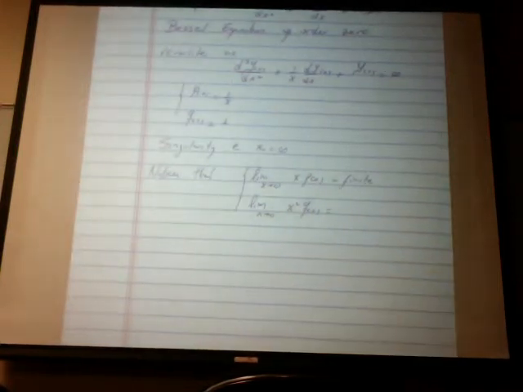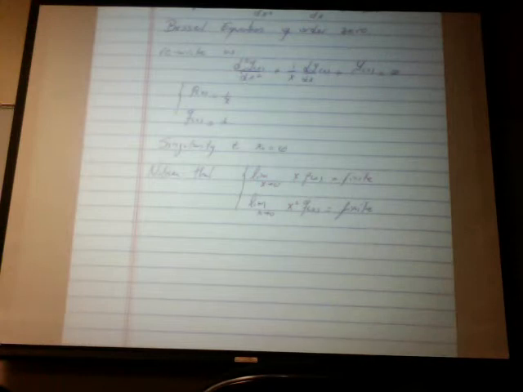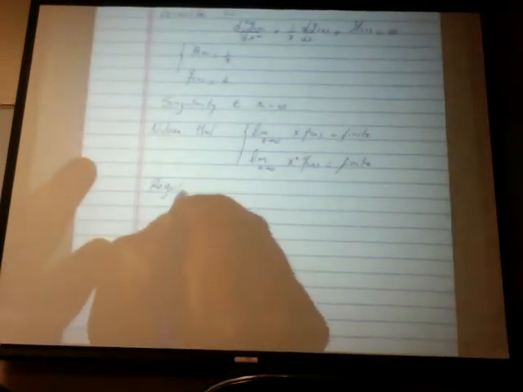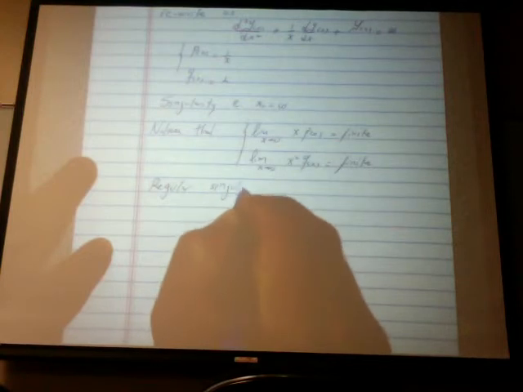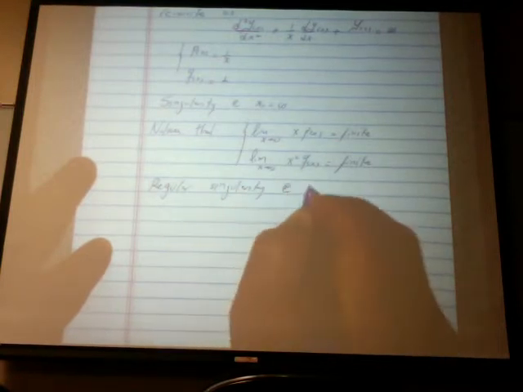Does that go away too? Well, it's not singular to begin with, so if you multiply it by x or x squared, whatever you want, it's still non-singular, so this is also a finite result. This is a regular singularity at x0 equals 0.